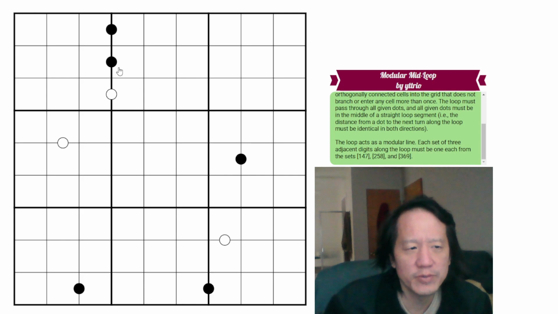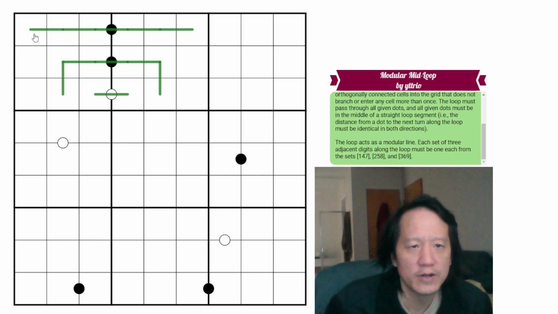Actually, no, it can't be 3, 2, and 1. So if we tried to have 3, 2, and 1, so this is 3, this is 2, this is 1, the problem is this goes that way. Oh, I guess you could have something like that. This would obviously go that way.